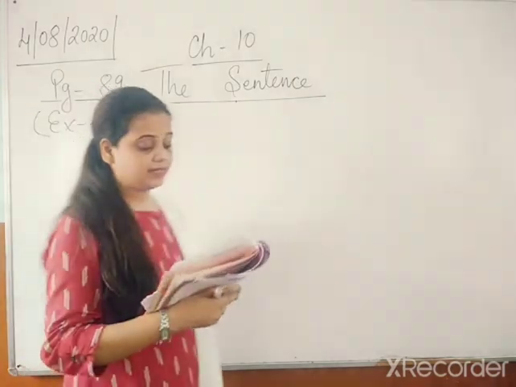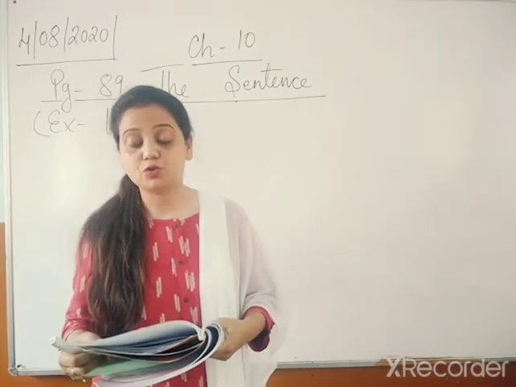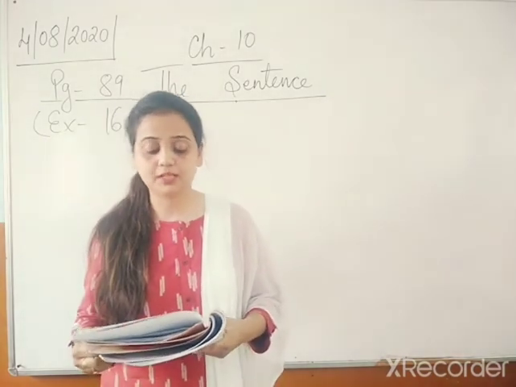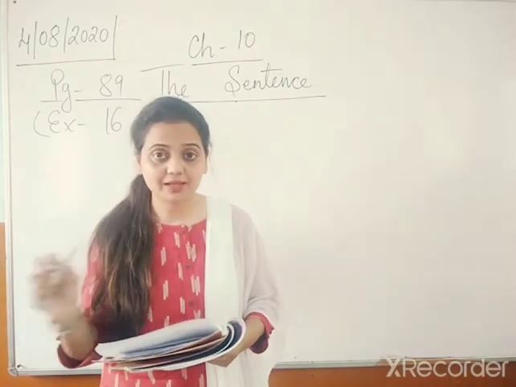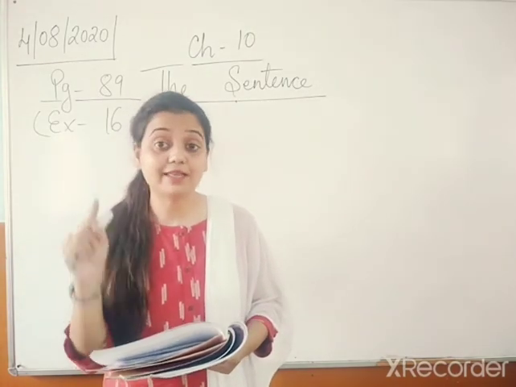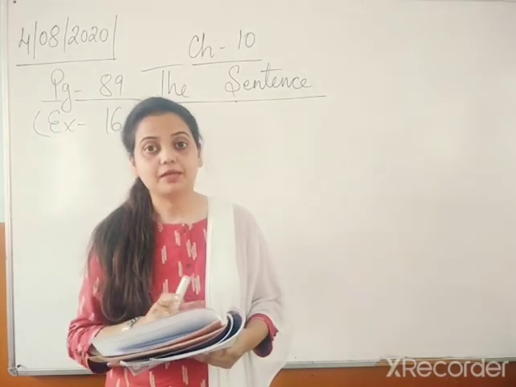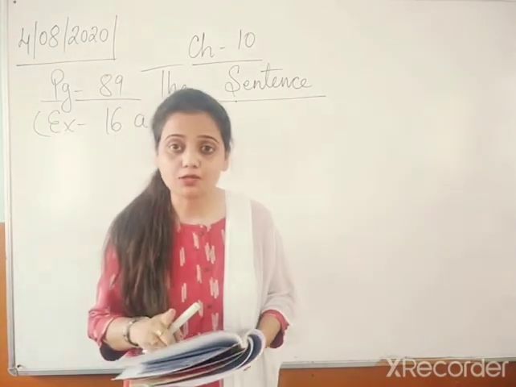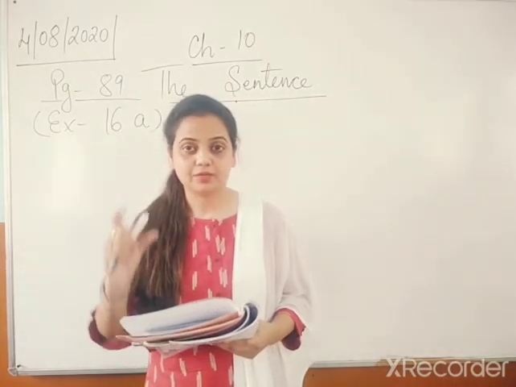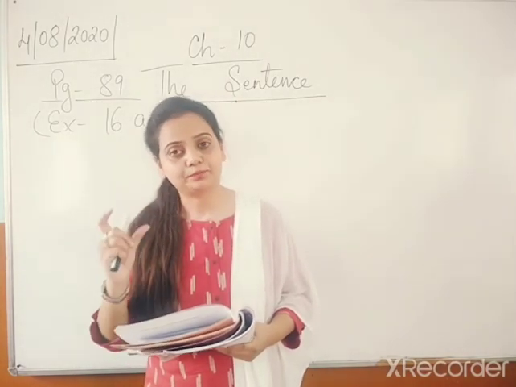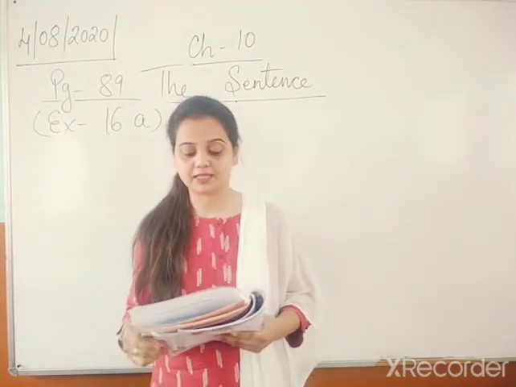Children, here you can see that in the following sentences we have to underline the subject with blue crayon, underline the predicate with pink crayon, and circle the verb. Means we have to identify the subject, predicate, and also the verb, meaning the action. It could be the main verb or the helping verb, according to the sentence.